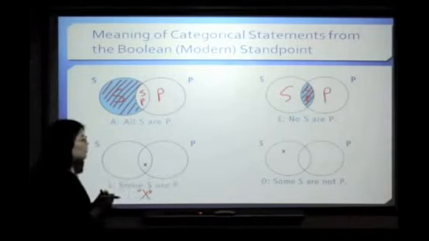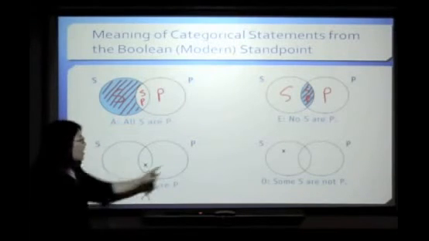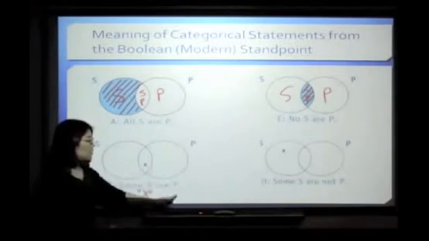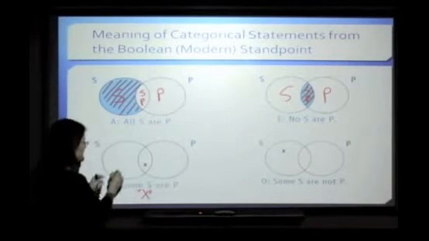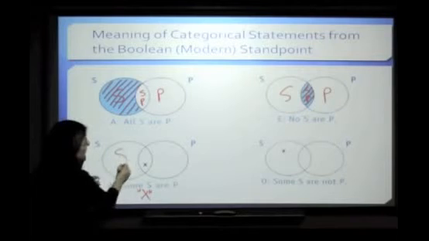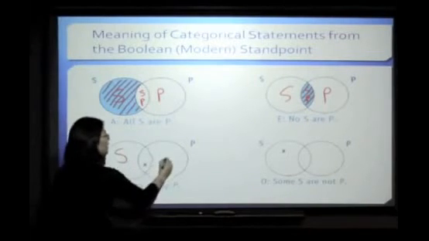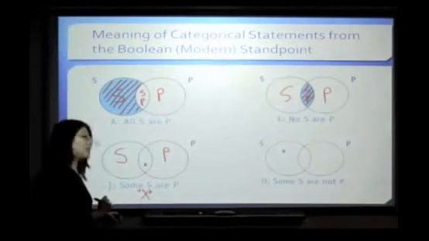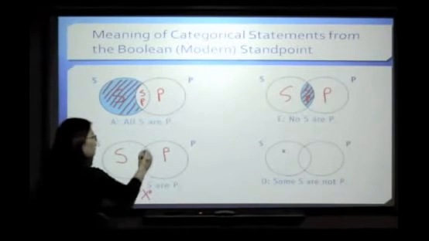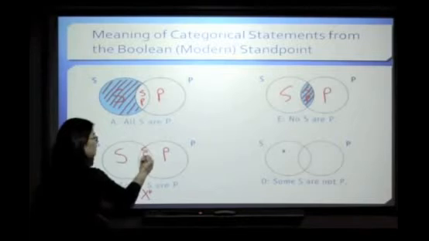So we have our two interlocking circles here, this circle representing the S subject term and the P circle here representing the P predicate term. And the area here is all the things that are S's and only S's. The area here is all the things that are P's and only P's. And in the overlap, we have all the things that are S's and P's.